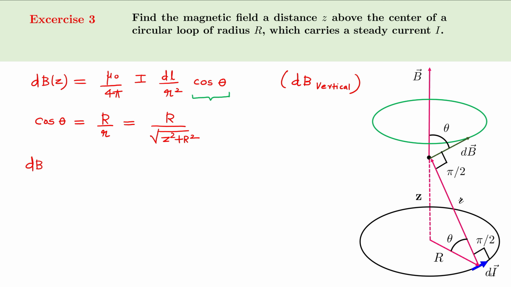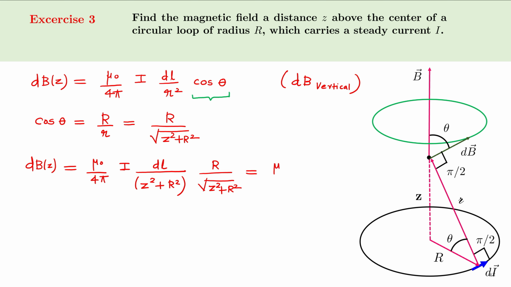Therefore dB, a function of z, will be equal to mu 0 over 4 pi I dl over z square plus r square, then r over square root of z square plus r square, that is equal to mu 0 over 4 pi I multiplied by r divided by z square plus r square raised to 3 by 2 multiplied by dl.